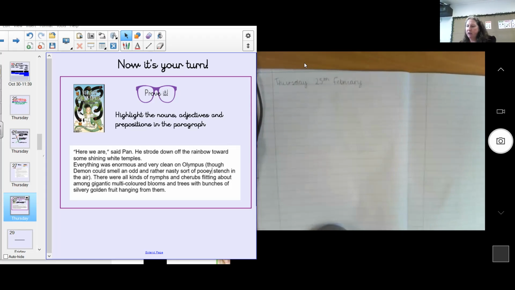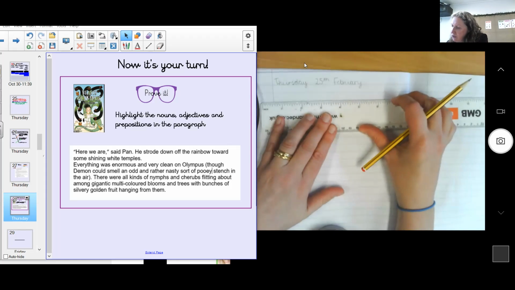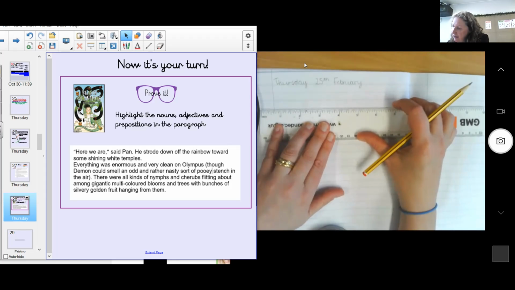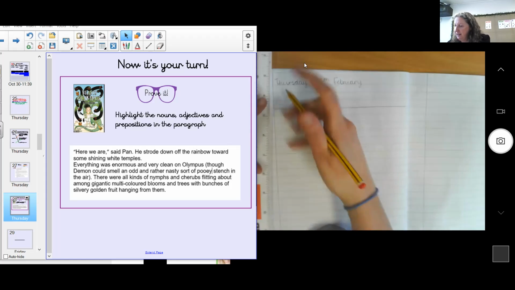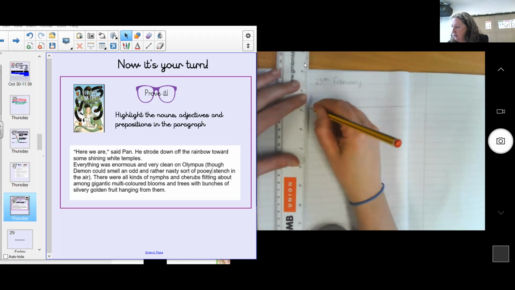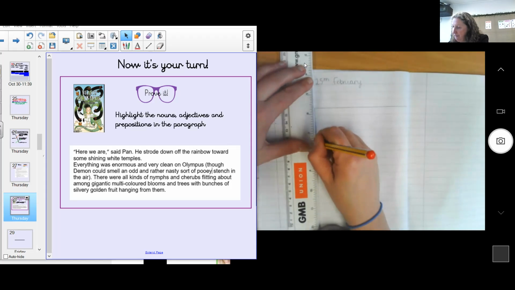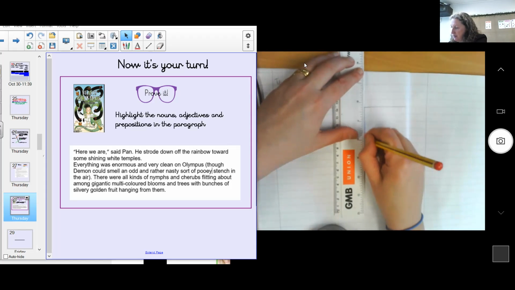Okay, so with your ruler, you would draw a line. You would split it into 3 sections.